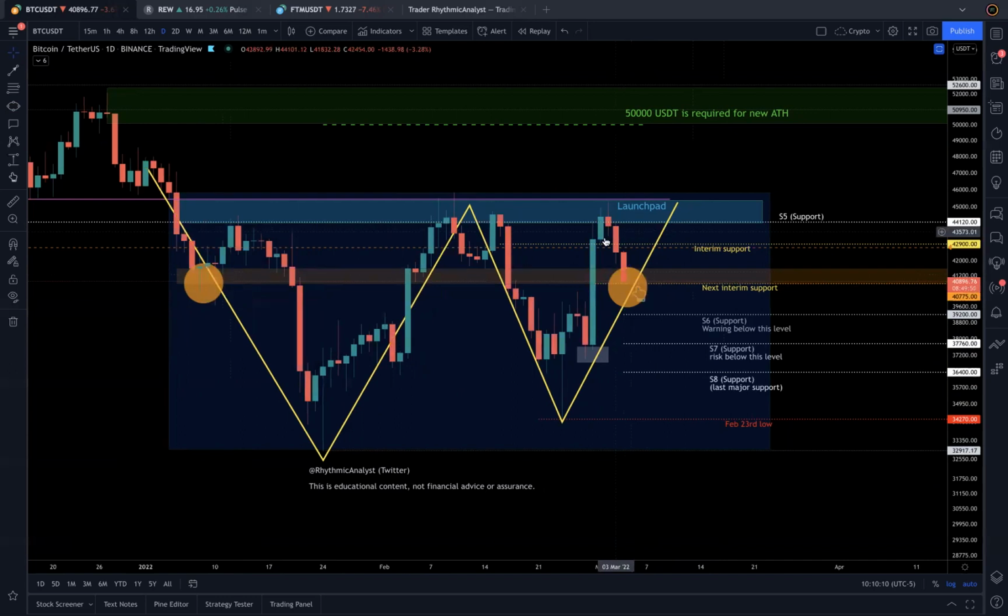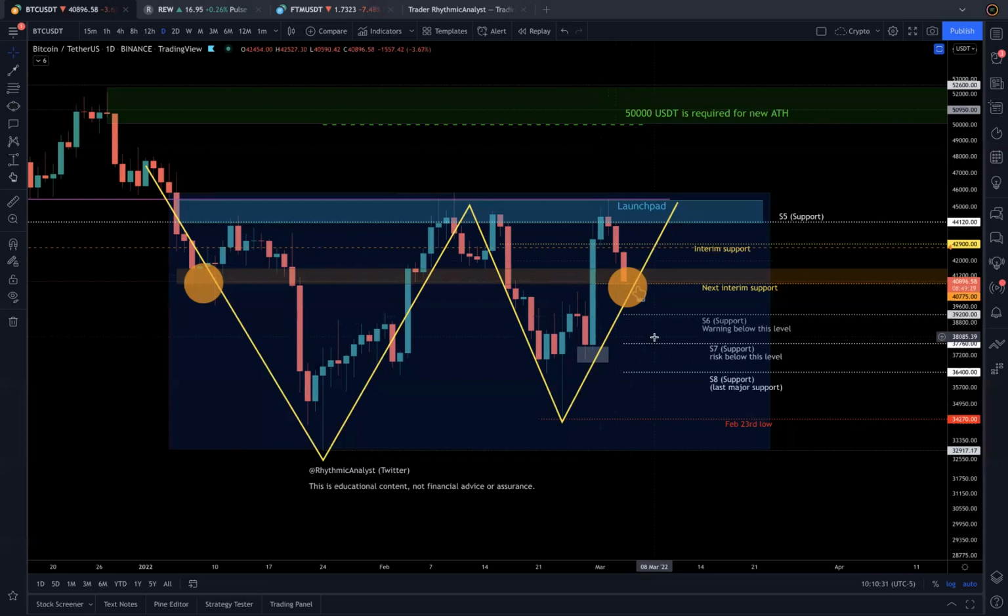So earlier I showed you the inverted head and shoulder and the level. Now for this pattern, I believe that this is the symmetry, and if this is broken, and it continues going down towards S6, then even this pattern will break.